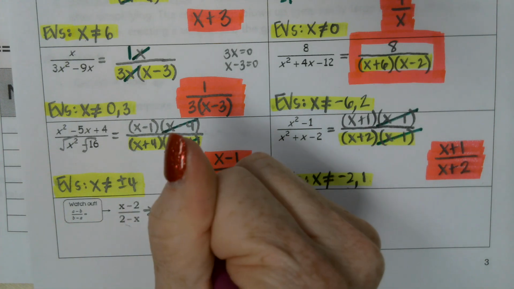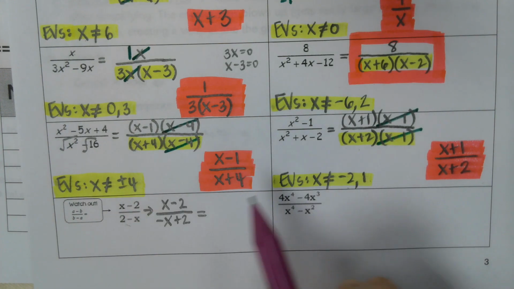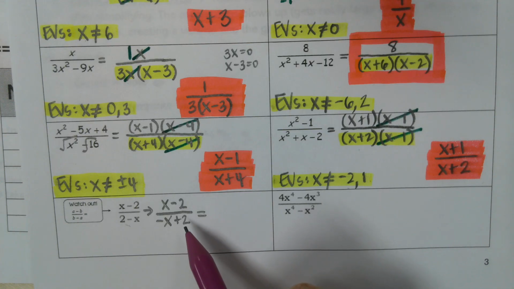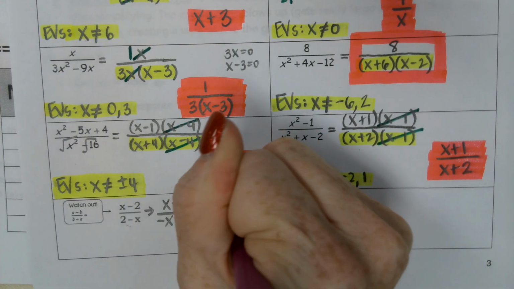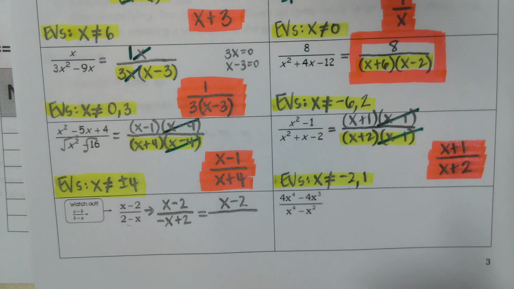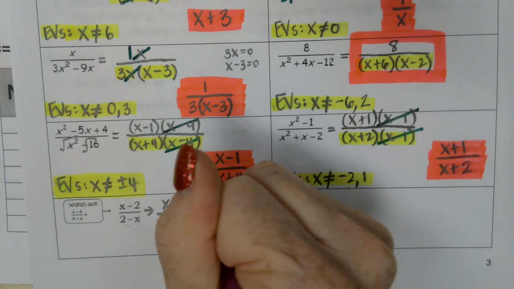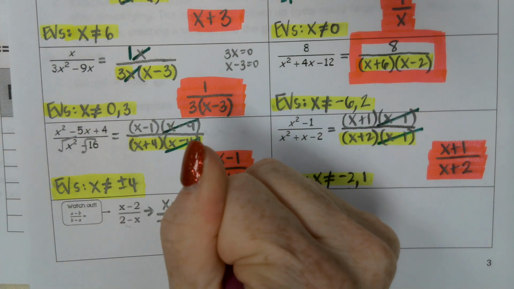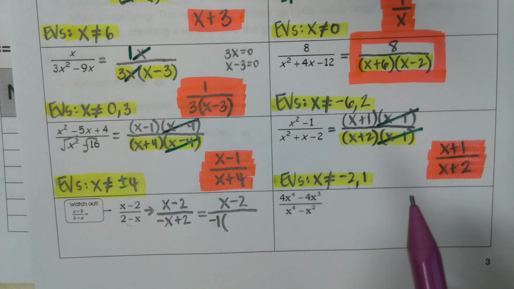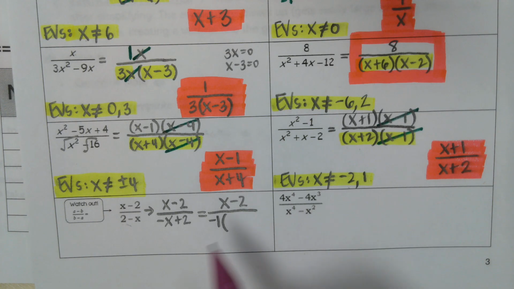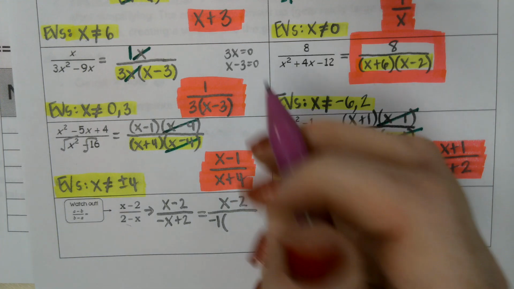Now, right here, I don't like a negative leading coefficient. Okay? So there's nothing I can do up top. That's fine. Okay? But I don't want a negative x. So I'm going to divide out a negative 1 of both of those terms. If I take out a negative, what does it do? Changes the signs, okay? This was a negative x.